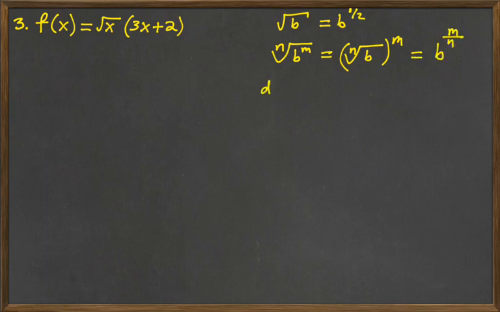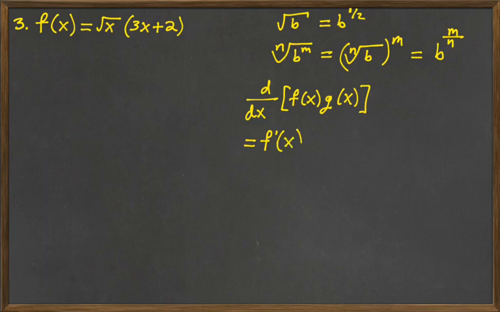And then here's our product rule. The derivative of a product of two differentiable functions, so the derivative of f of x times g of x, is going to be the derivative of the first function, f prime of x, times the second function, g of x, plus the first function times the derivative of the second function.